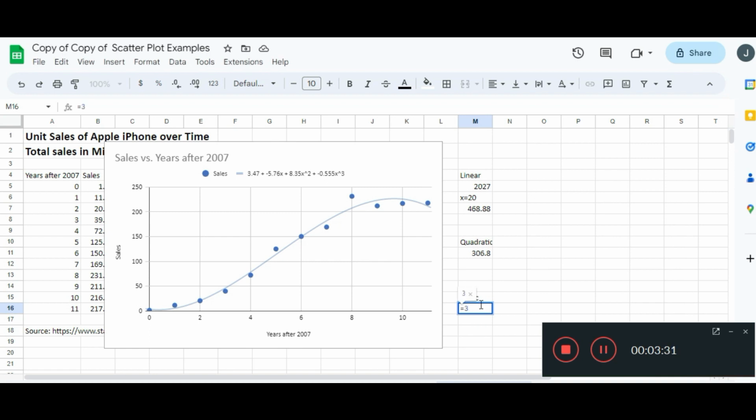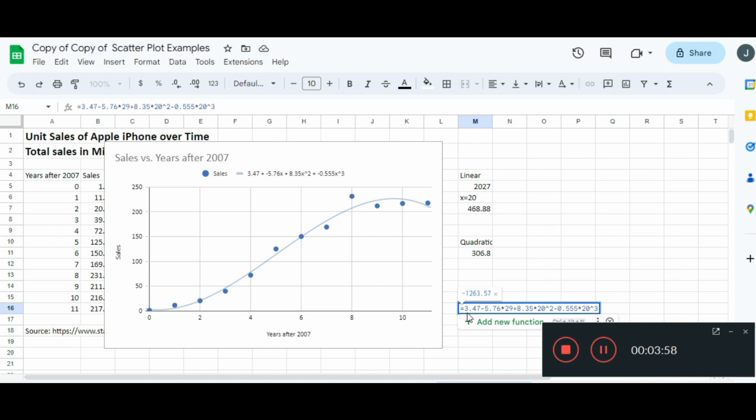But if I just do this to compare, if I type in the cubic equation 3.47, take away 5.76 times 20 plus 8.35 times 20 squared, take away 0.555 times 20 cubed.